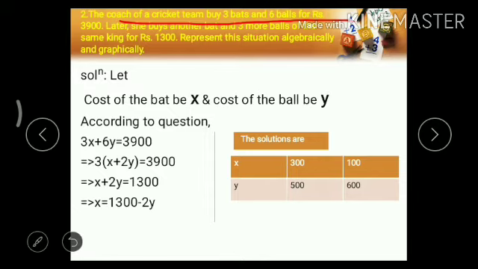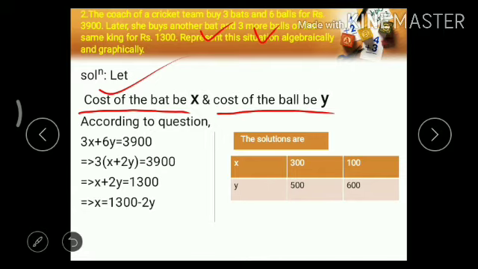So these two things are unknown. In our answer, let the cost of the bat be x and the cost of the ball be y. This should be rupees x and rupees y.